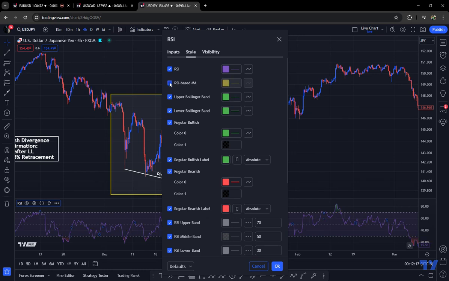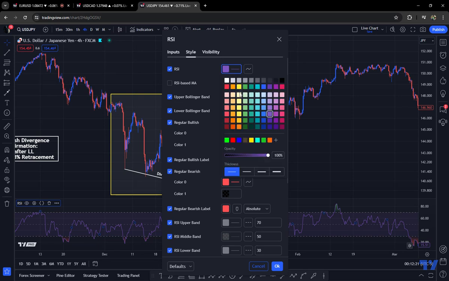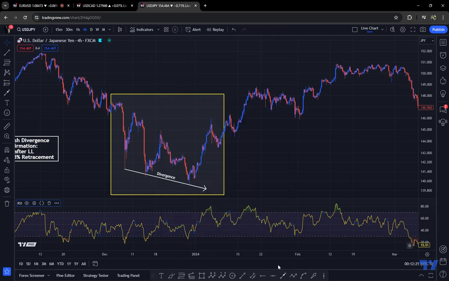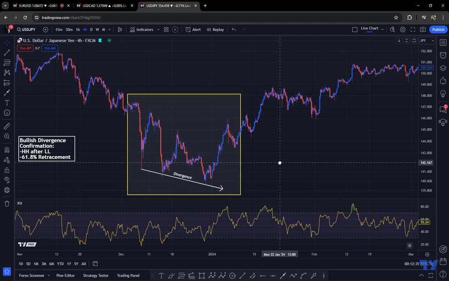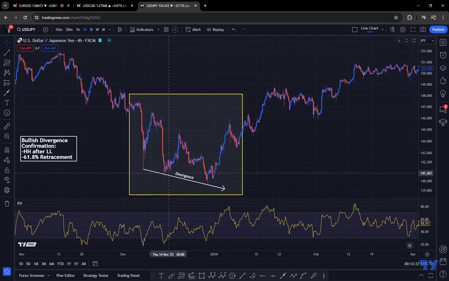I always get rid of the RSI based moving average, and I like to make the line a little bit more visible to me, so I make it yellow. Now here we go. We have the relative strength index popping up underneath our chart here. Now you can see the lower lows that price is giving us on the chart.